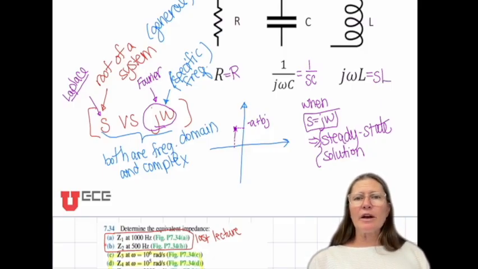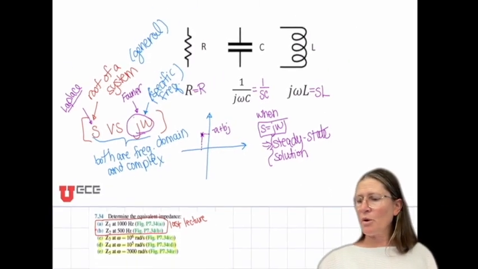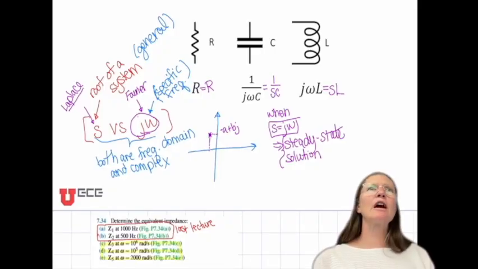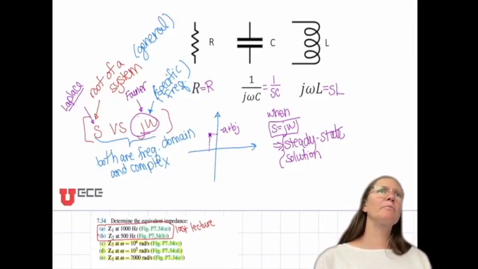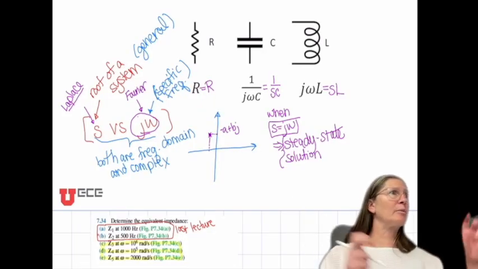So when we analyze the circuit and we want a little bit more generic form, we can just use S instead of j omega. This means that we won't have a specific value for omega, and we just use that S variable.